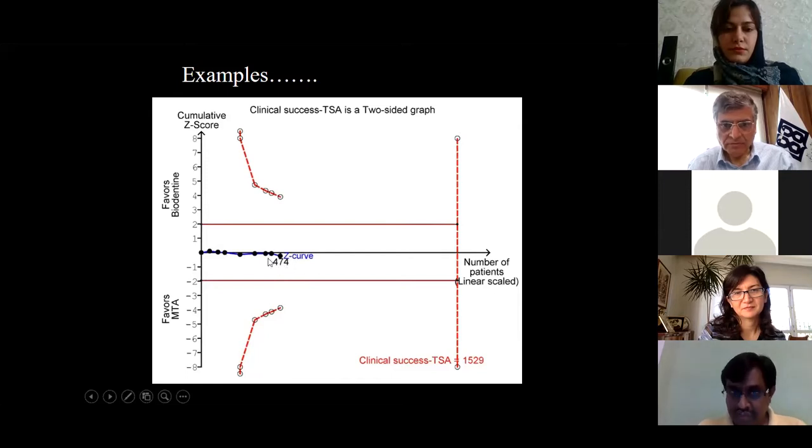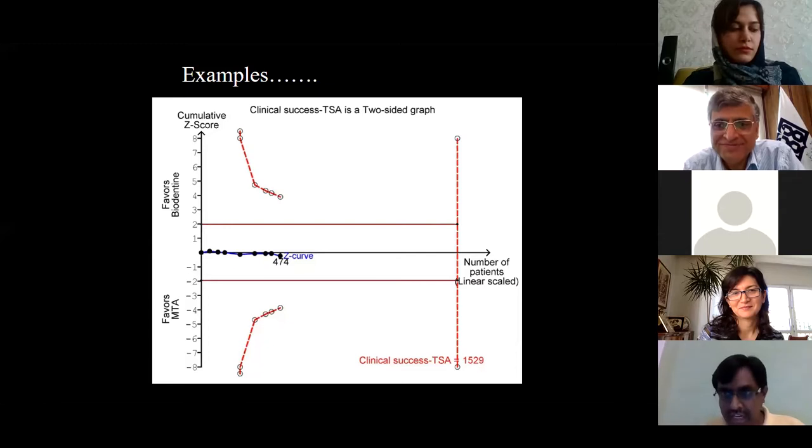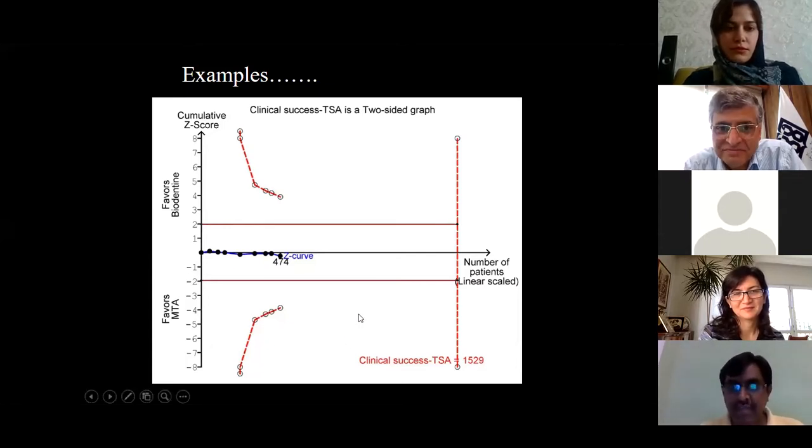Yes. Based on this meta-analysis and trial sequential analysis, I need 1529 samples to confirm my results. Wow. This is the take-home message from trial sequential analysis. Now you understood, right?